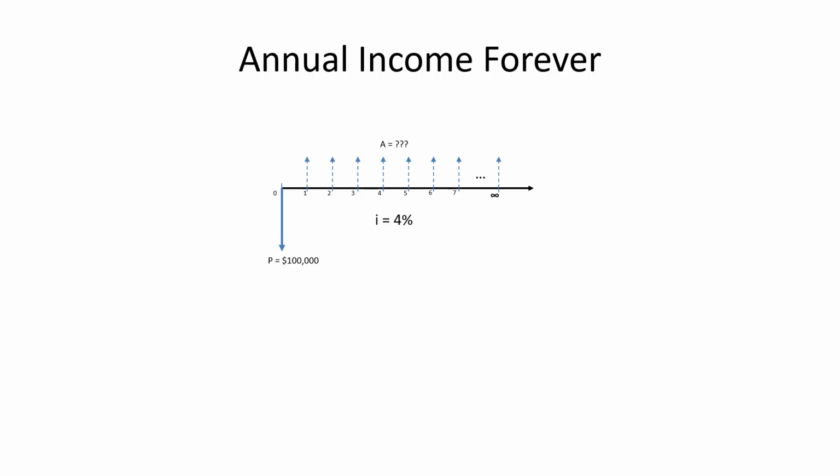All right, so annual income forever. If you make some sort of investment, if you buy some equipment, or let's say you buy a business and you anticipate holding on to it forever, or let's say you make a deposit into a savings account, and the savings account was 4%, how much could you withdraw each year so that the principal is never exhausted?